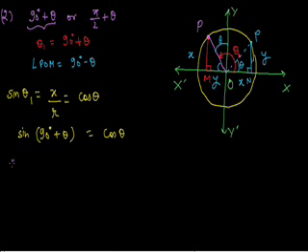Similarly, if we talk about cos theta 1, it would be the algebraic distance of this point P from y-axis. So this distance will be y, but we are on the left side of y-axis, that is, in the negative direction of x-axis. So this distance will be minus y.